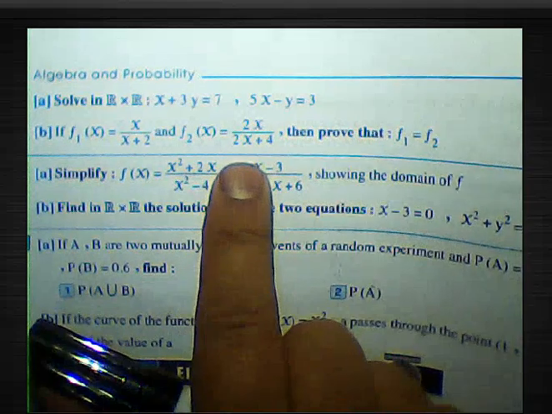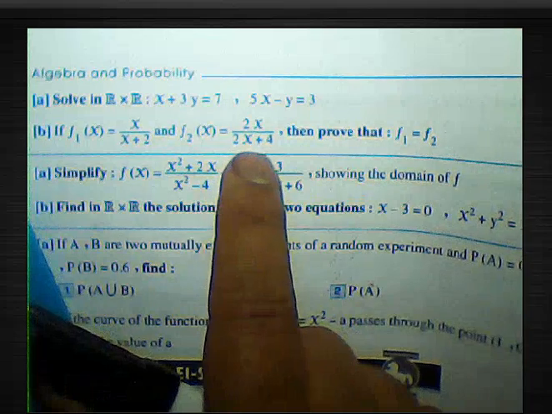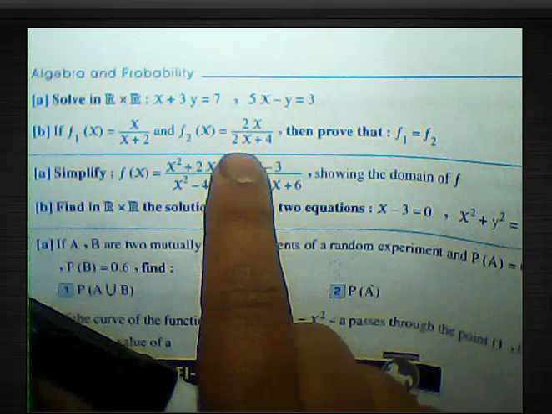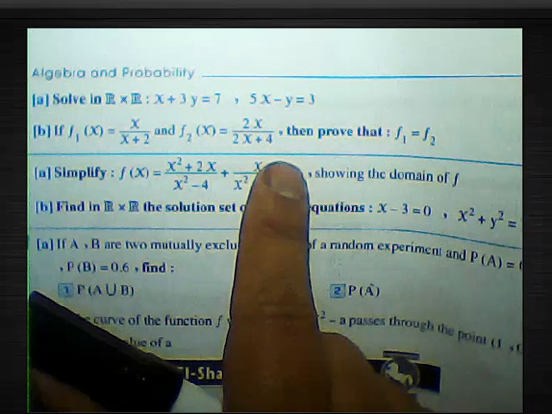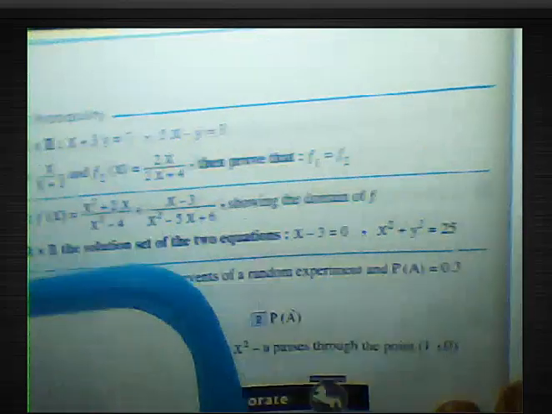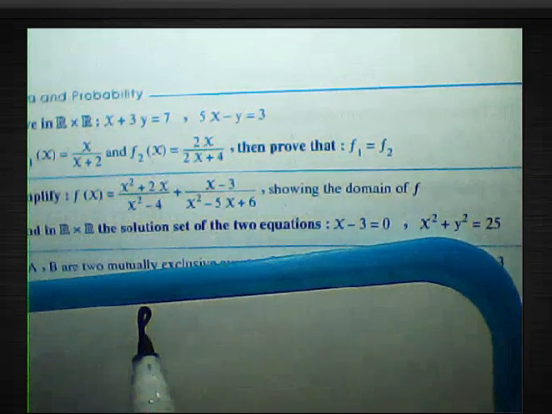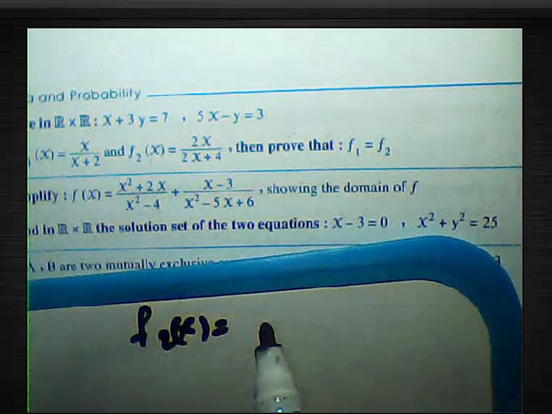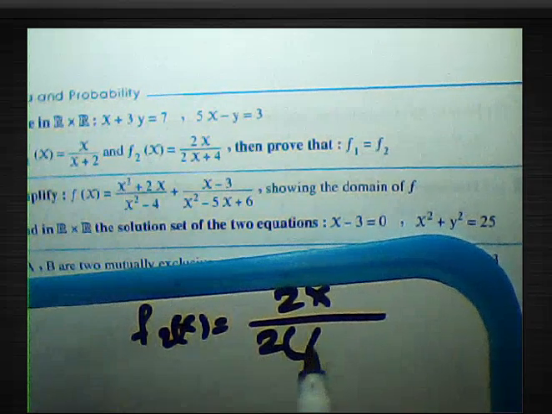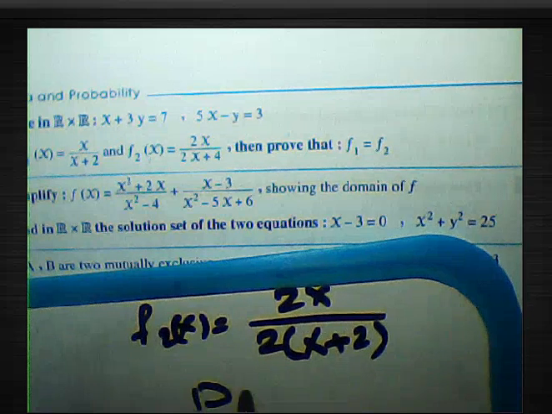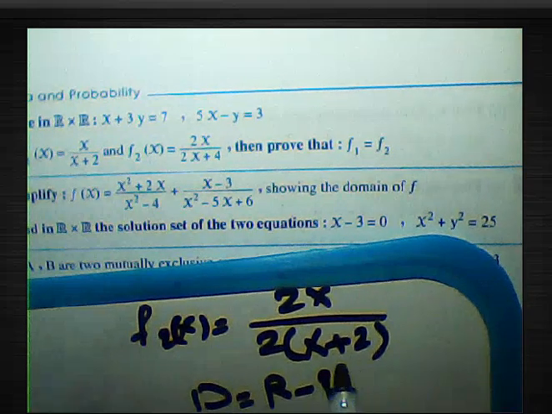This function, we can factorize it by writing 2 outside here as a common factor from 2x plus 4. Okay, look at it with me step by step. f2 of x equals 2x over 2 times x plus 2. And the domain of this function is R subtract the set of zeros, that is, negative 2.